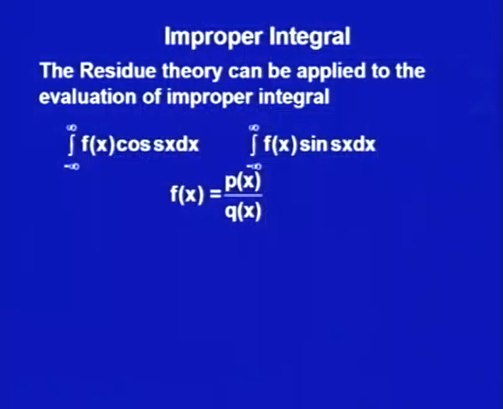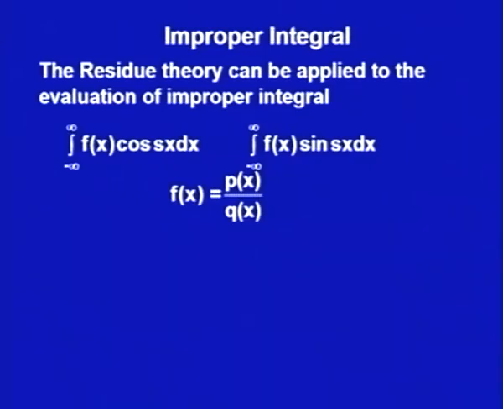Certainly, here we had assumed in the last lectures that f(x) is a rational function, that is, of the form p(x) upon q(x), where both p and q are polynomials, and we had assumed that q does not have any real 0. Moreover, we had assumed that the degree of q, that is the denominator, must be at least 2 degrees higher than the degree of the numerator polynomial p.